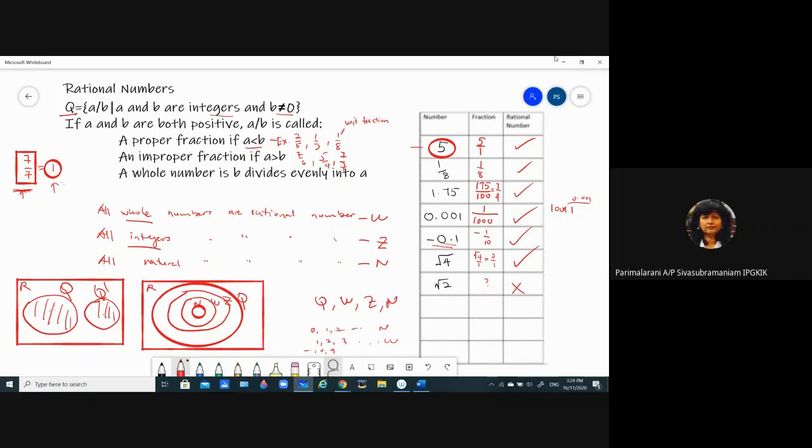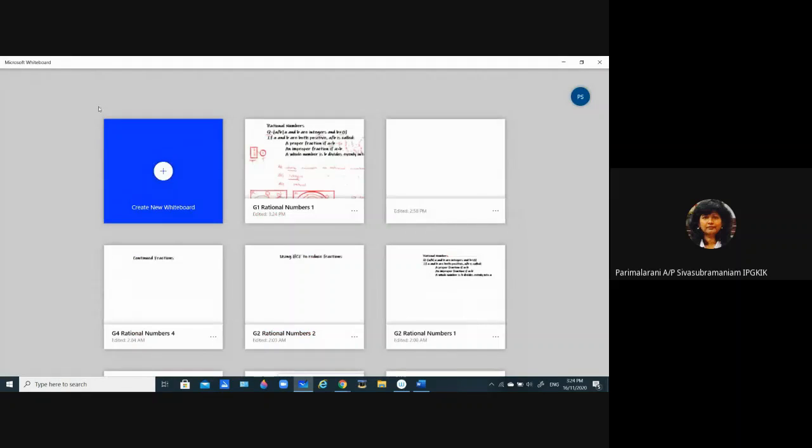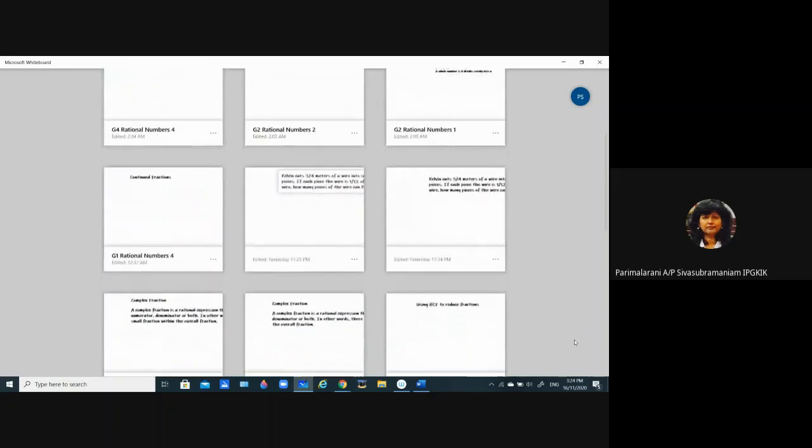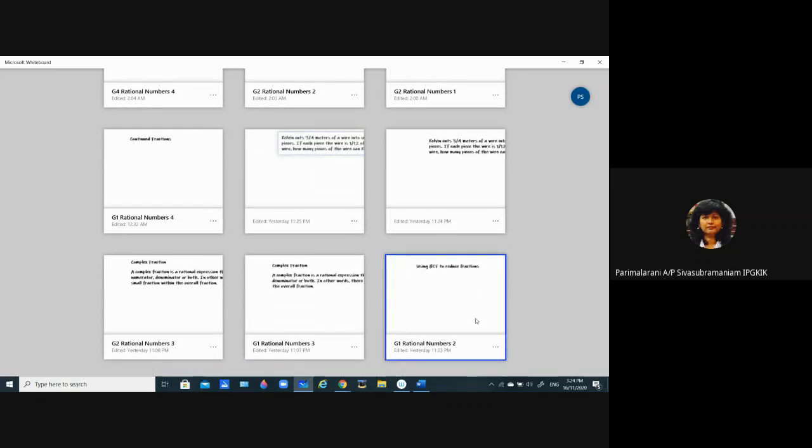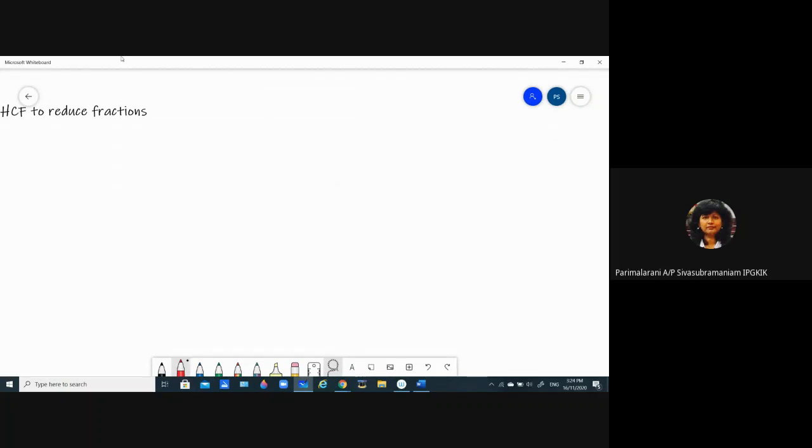Okay, so we're going on to the next subtopic. We're going to see how we can use highest common factor to find fractions in the simplest form. Okay, we have done this before, right? Do you remember that we have done this before, when we did prime factorization, using highest common factors to reduce fractions.